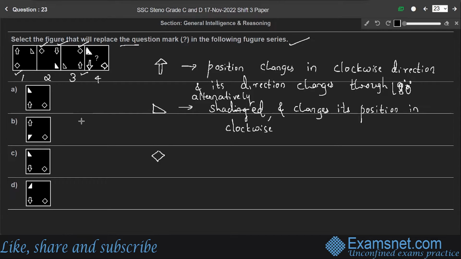Therefore, looking at the options, the arrow mark should be inverted, so either C or D. Looking at the remaining marks, which is the triangle? Yes, option C is the fourth figure in the given series.